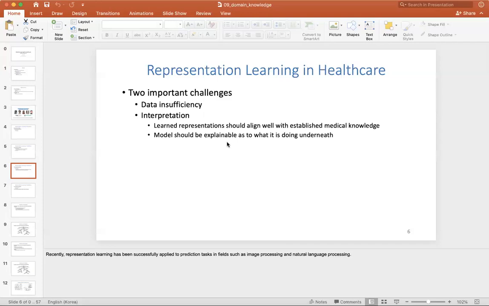But some are playing fast and loose with the definition of interpretation. Anyway, in GRAM, we are referring to at least providing some insight into what's going on under the hood of the engine that is machine learning, I mean, that is the neural network. So two challenges, two objectives: one, data insufficiency, and the other is interpretation.